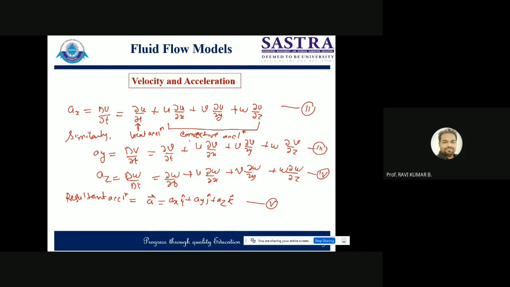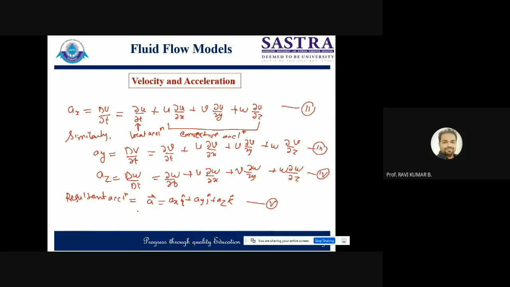Local acceleration comes due to the unsteadiness of the flow, and convective acceleration comes due to the non-uniformity of the flow. Whenever it's not a uniform flow, convective acceleration also needs to be calculated while predicting the resultant acceleration for the flow. Is that clear? So this is the resultant acceleration field, and from here you can get the modulus, which is called the magnitude of the resultant acceleration.